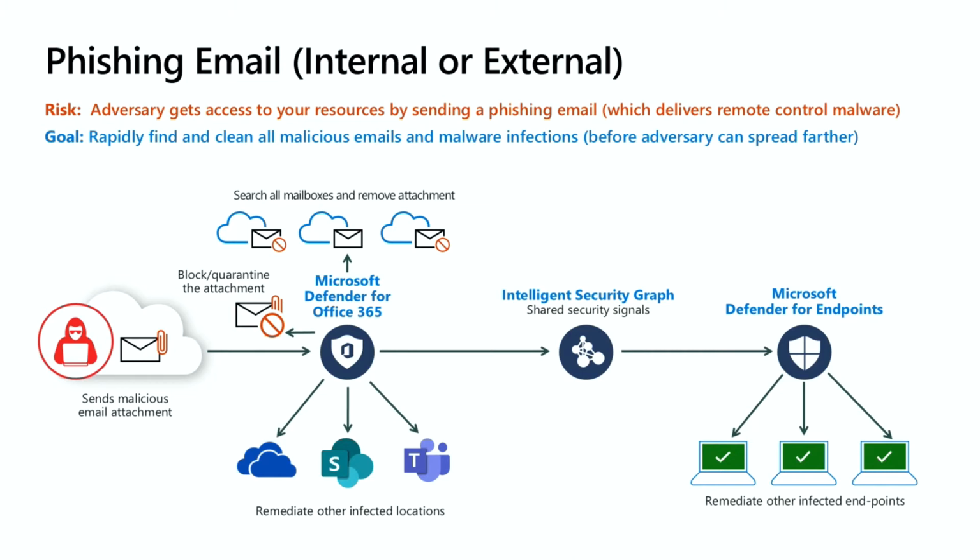It's going to go back and make sure that those are remediated. It'll kick off that automatic investigation. But then again, it also will look at your OneDrive and SharePoint and Teams repositories. Maybe you copied that content into a cloud storage location, and it remediates it there as well.